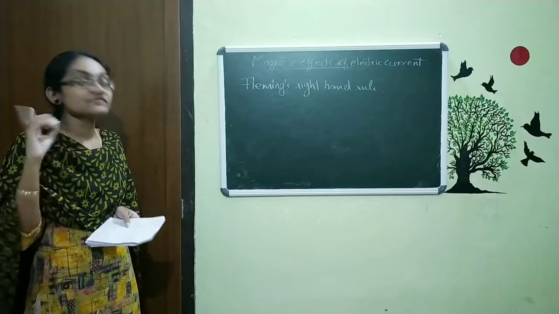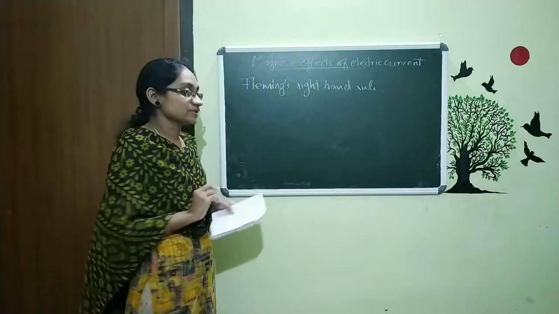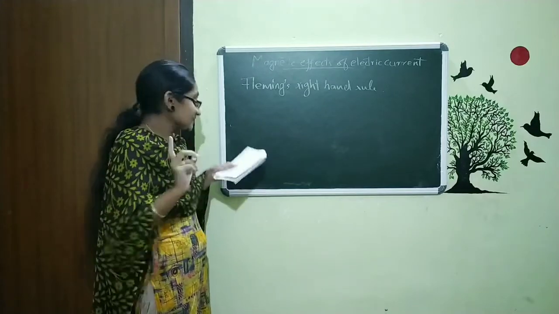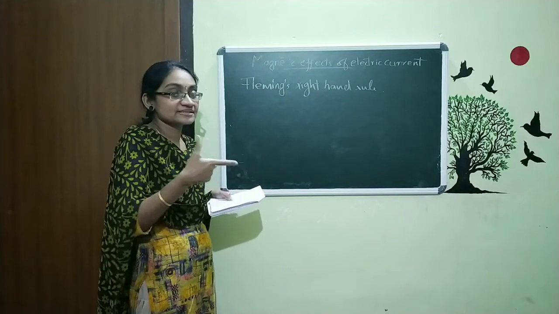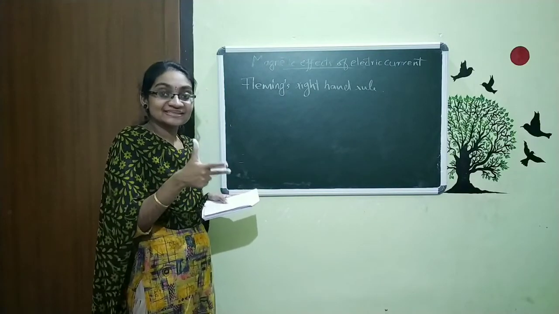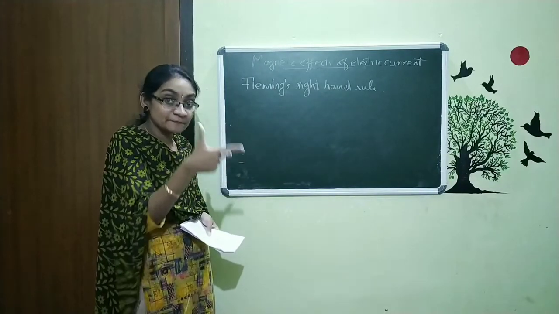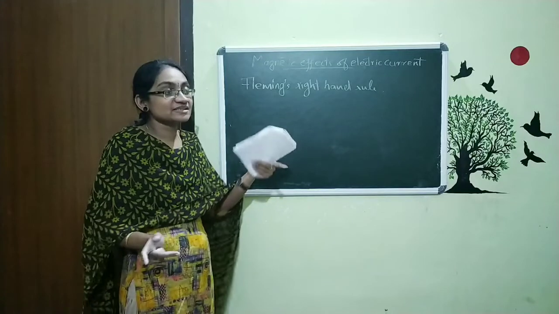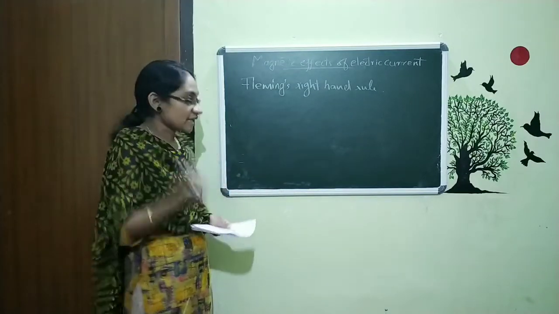In the previous section we studied Fleming's left hand rule. This is the right hand rule. Again we use our three fingers, thumb, forefinger and middle finger, and stretch them at 90 degrees, that means we hold them perpendicular. But the difference is that at that time we used the left hand and here we are using the right hand.